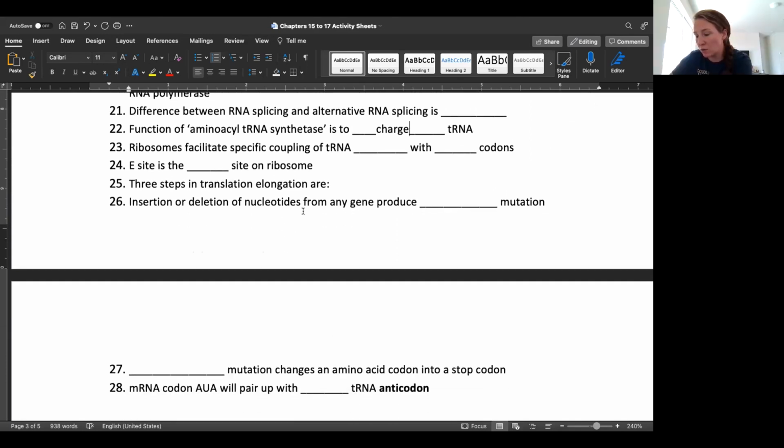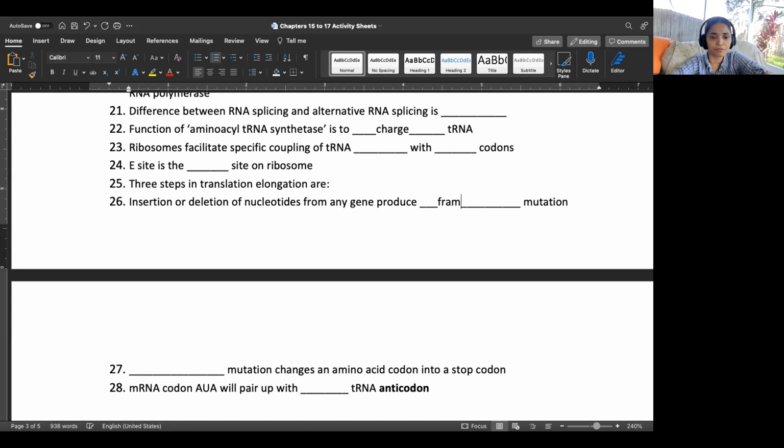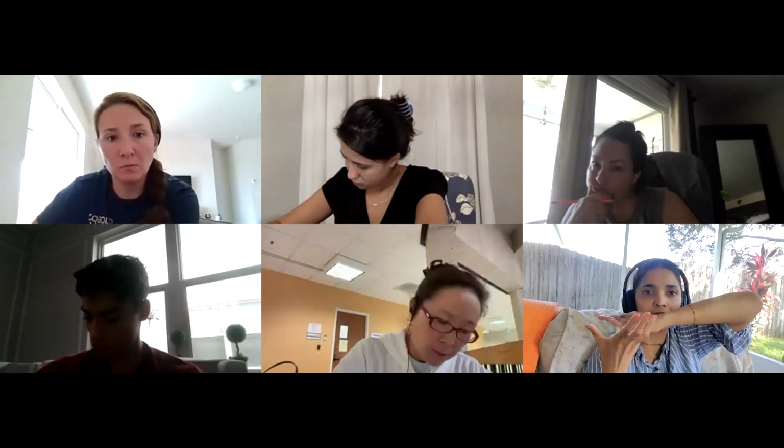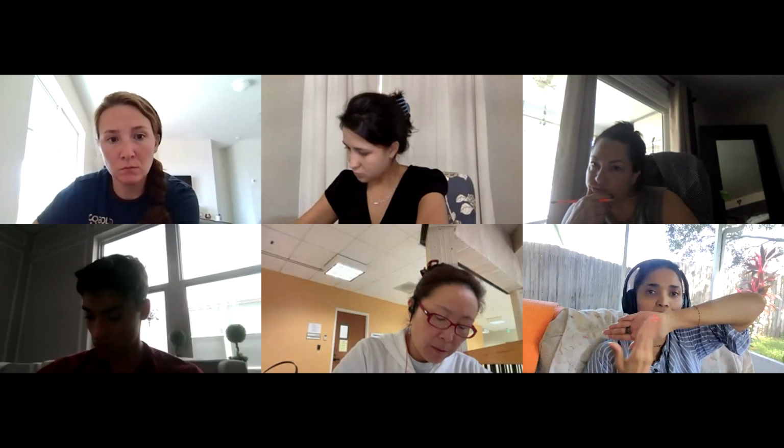Insertion or deletion of nucleotides from any gene produces a frameshift mutation. Yes, this is called frameshift mutation. So if I ask you what is my hand from here to here, you will say palm, right?